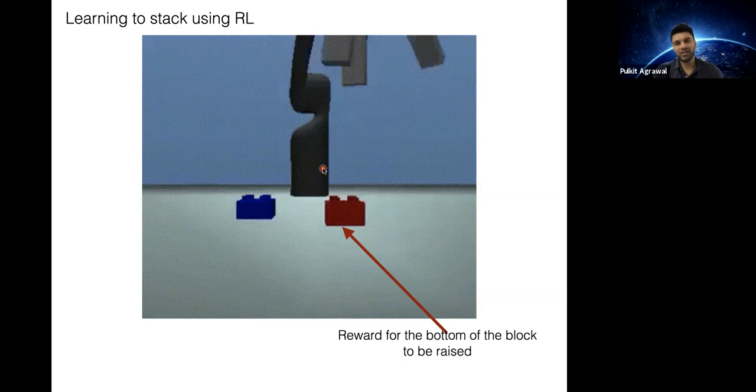So maybe let me rephrase the question. If I give the reward which is equal to the z height of the bottom of the red block, will the robot lift the red block off the table? So, what do people think? Is it going to lift it, or is it going to do something else?